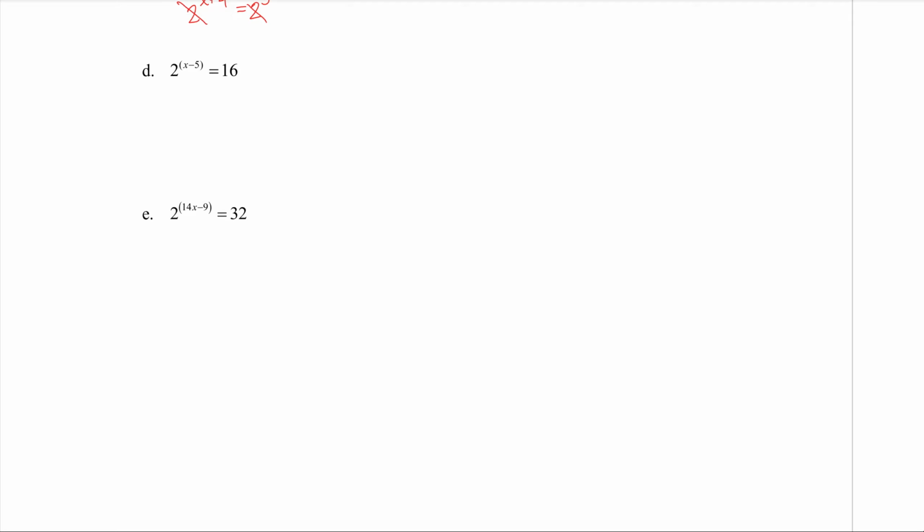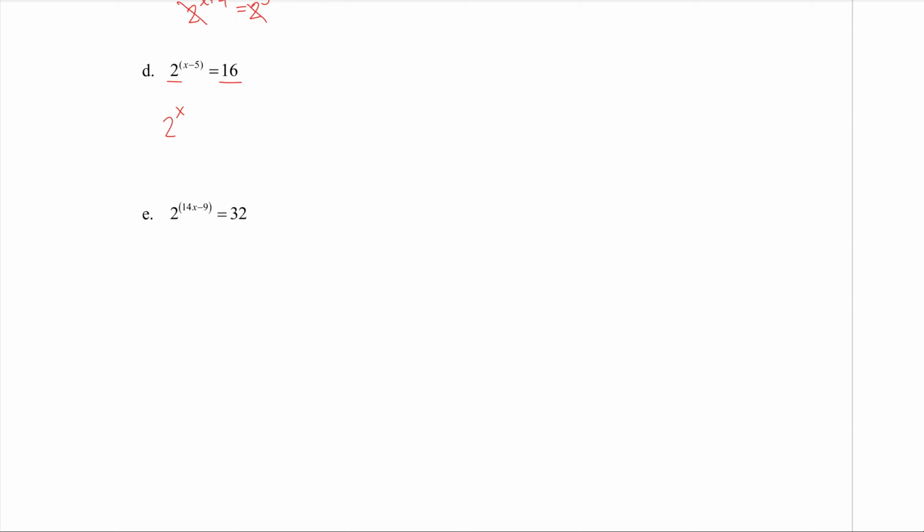Okay, so we have 2 raised to the power of x minus 5 equals 16. There are actually 2 methods that we can use. There is one method that we use when we can change the base of our problem to be the same number. Like I can turn 16 into 2 raised to the power of 4.